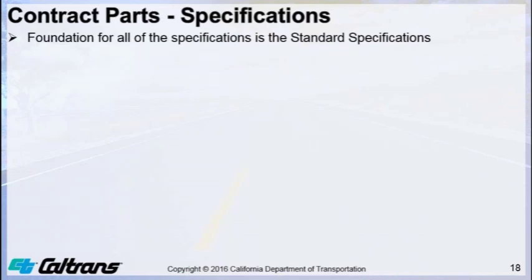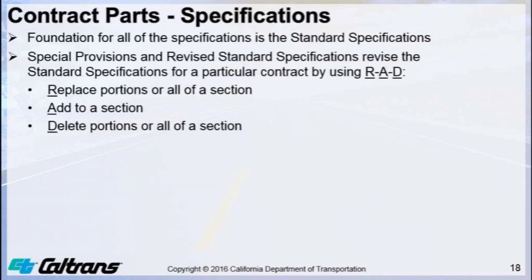The foundation for all of the specifications is the standard specifications. The revised standard specifications revise the standard specifications for all contracts. The special provisions may revise both the standard specifications and the revised standard specifications for a particular contract.